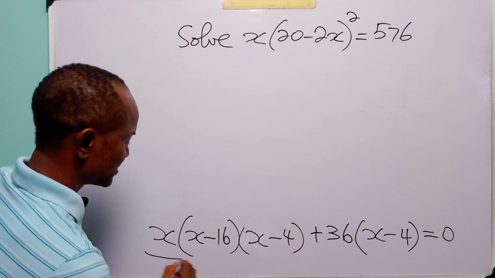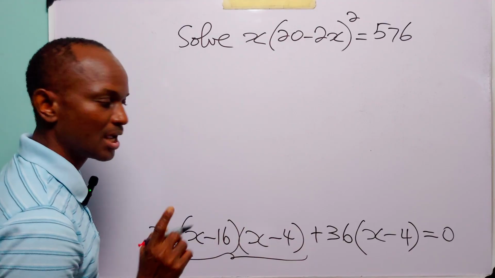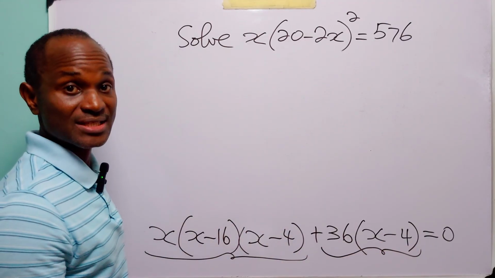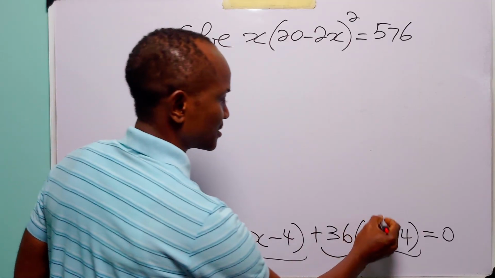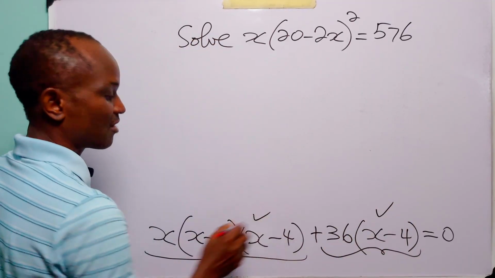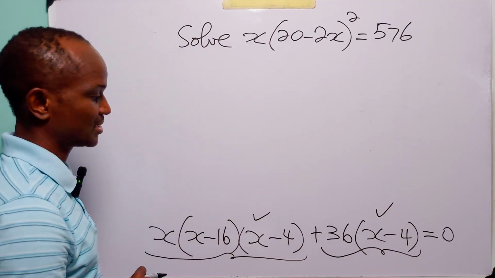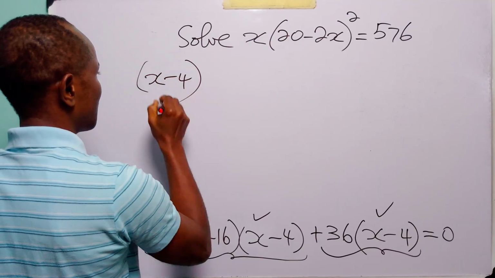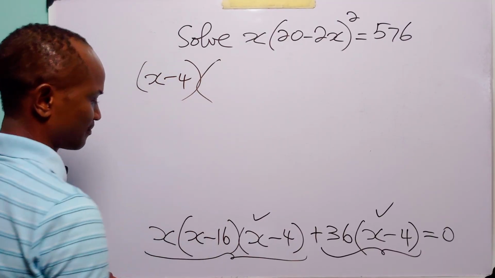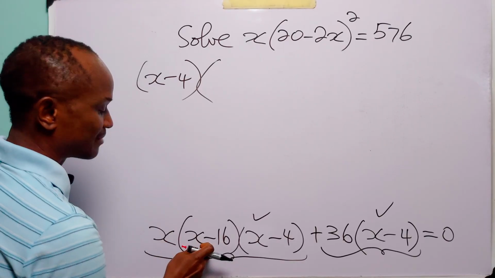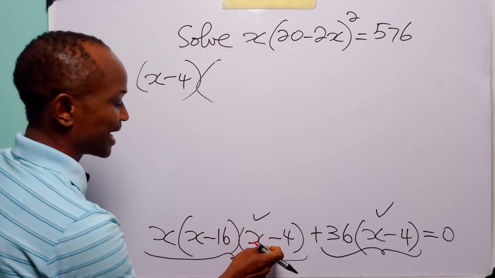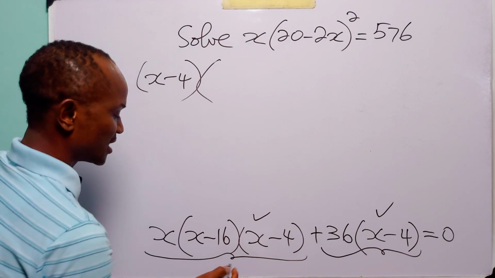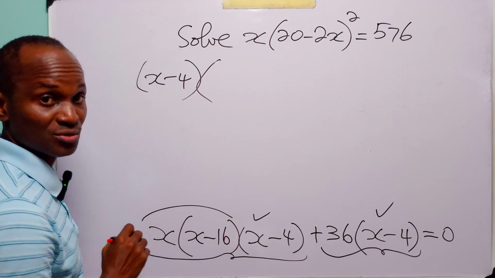Now, when you look at this term, and you also look at this term, you'll see that both terms have a common factor, which is x minus 4. So we can factorize. So here we have x minus 4 into, now x times x minus 16 times x minus 4 divided by x minus 4 is going to leave us with these two.